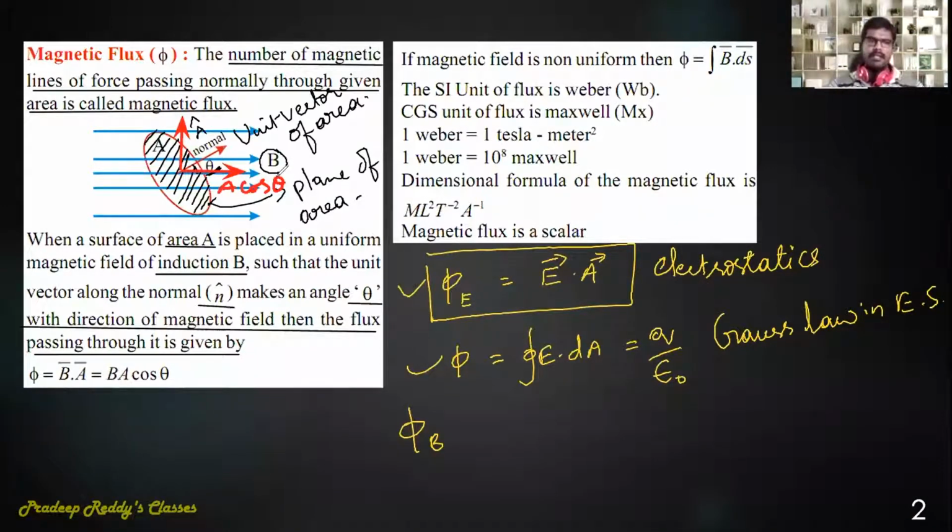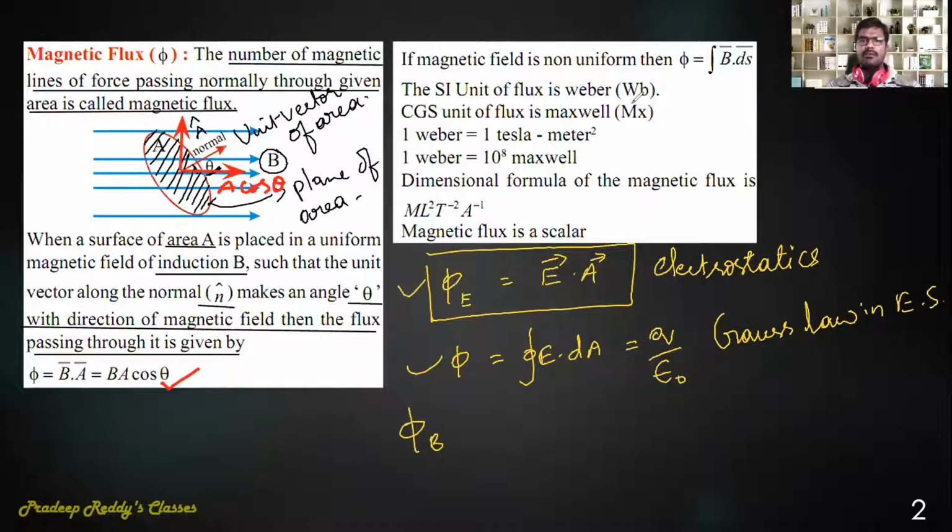That is the reason the dot product of B bar and A bar is equal to BA cos theta, where A cos theta is the component of the area vector along the direction of the magnetic field, or you can even call it the projection of the area vector along B. So simply, magnetic flux is the dot product of the magnetic field with the area vector.